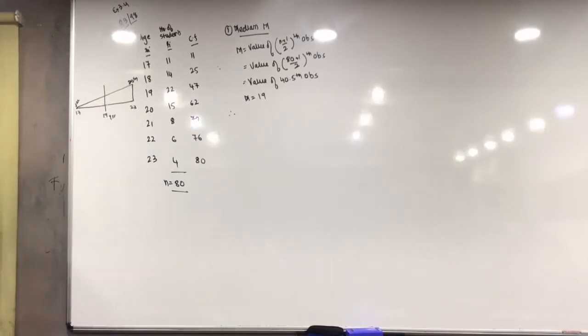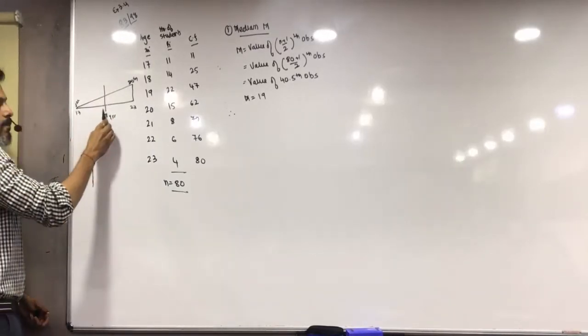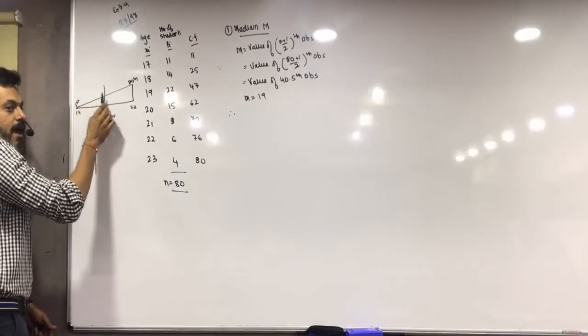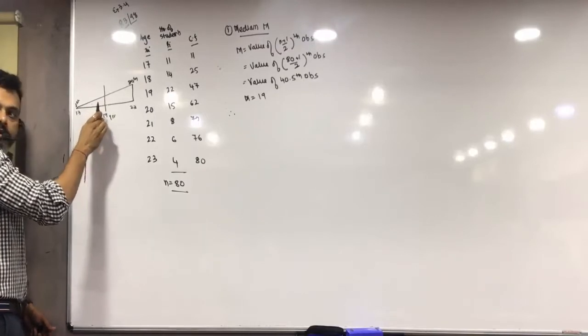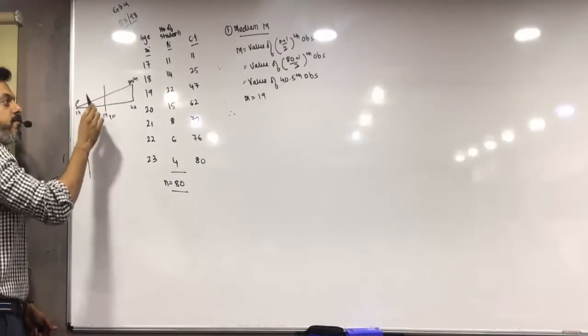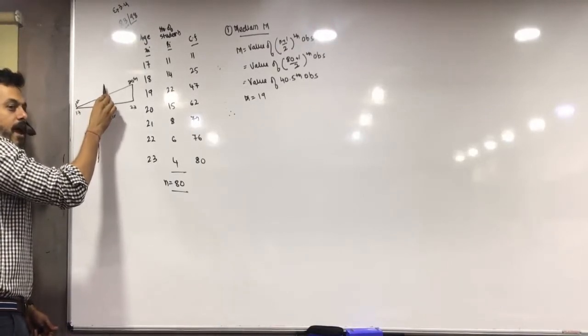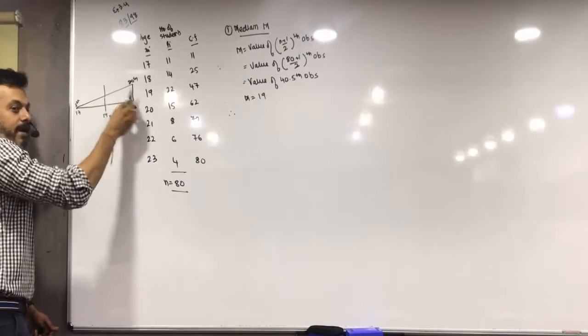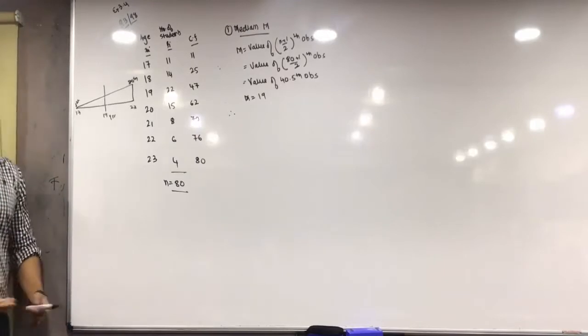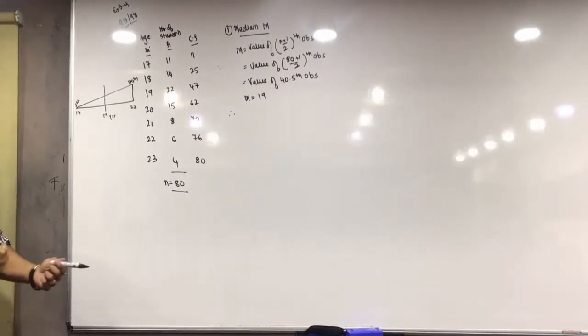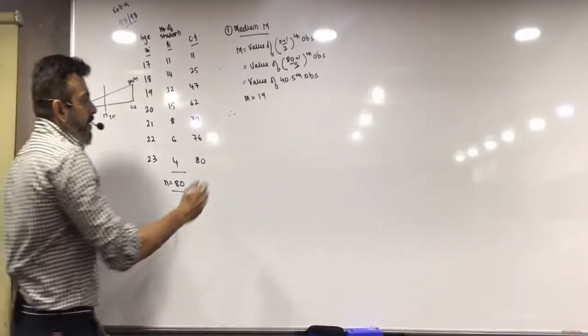So what we can interpret is that 50% of the students have their age less than or equal to 19 years. Or can I also say 50% of students have their age more than or equal to 19 years? We can interpret either way. We'll just write one interpretation.